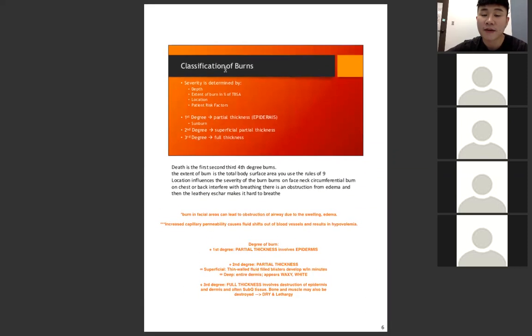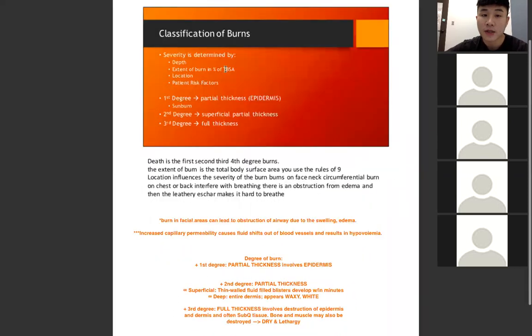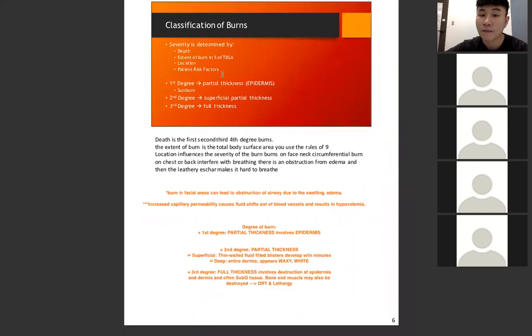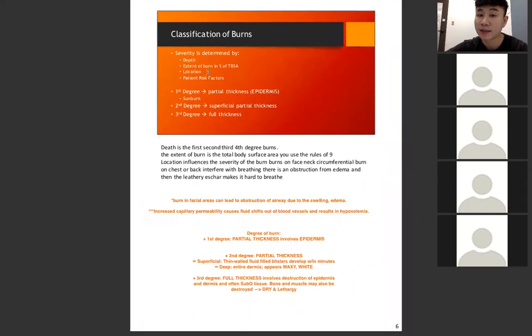All right, so we have the classification of burns. The severity of burns is determined by the depth of the burn, how far it reached into our body, the extent of the burn, and the location, which is very important.